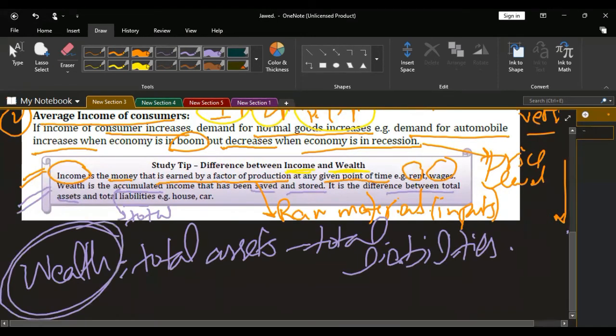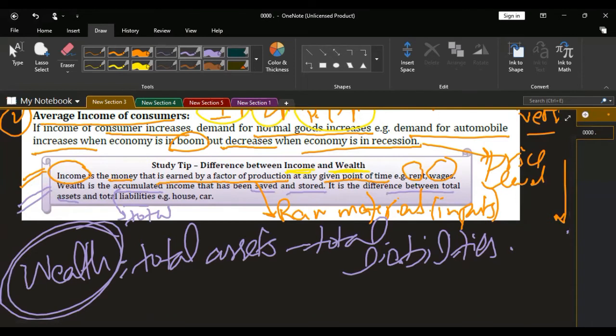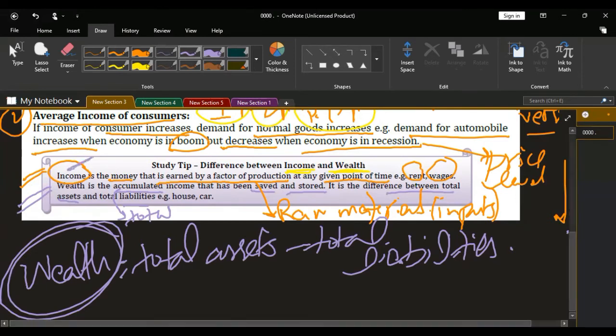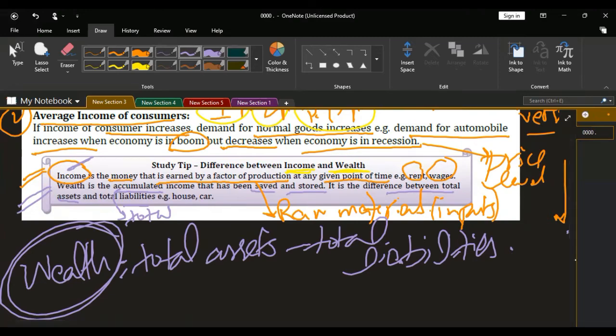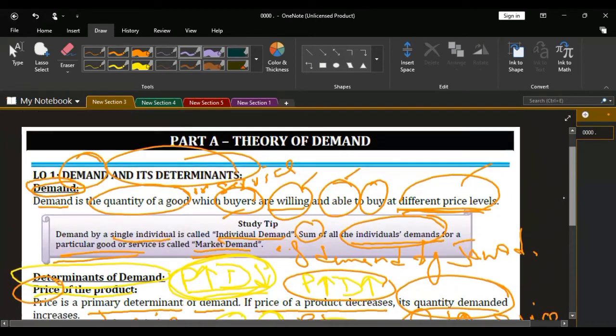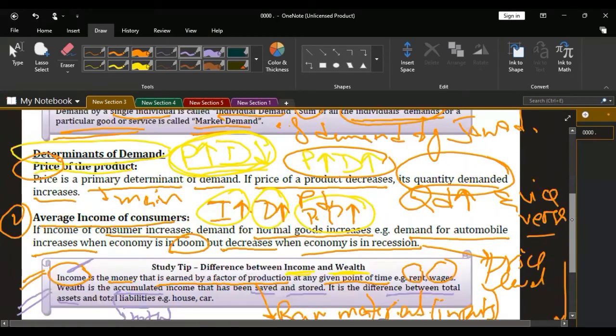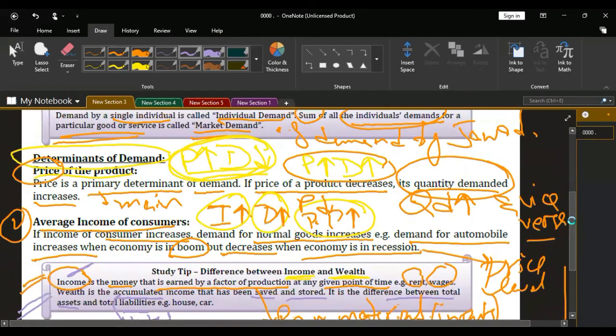So the income that has been stored and saved for a future purpose is called wealth, but the income that is obtained from utilizing a factor of production is called income. So two factors have been studied. First is price and second is income of consumer.